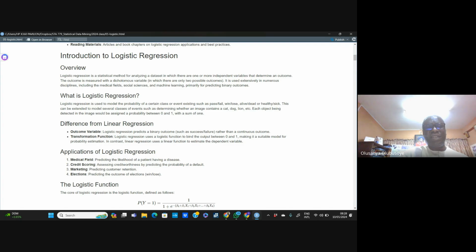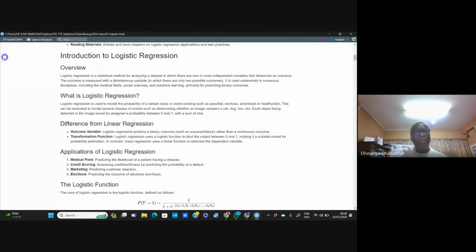So customers apply for loan, they apply for credit, so to avoid the risk of the cost of the applicant not repaying, logistic regression is also used to estimate their credit worthiness, the probability that they will default or not default.